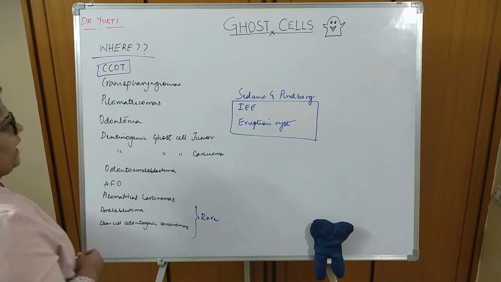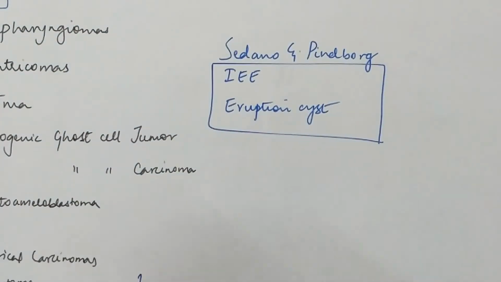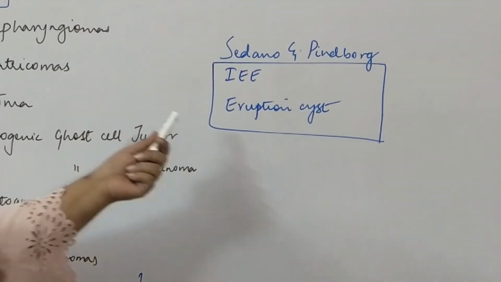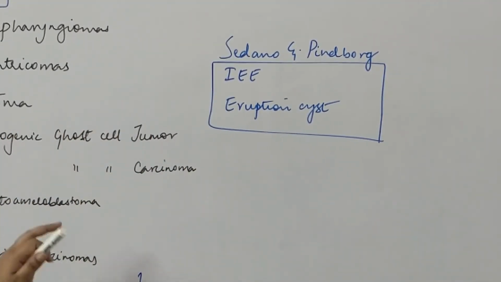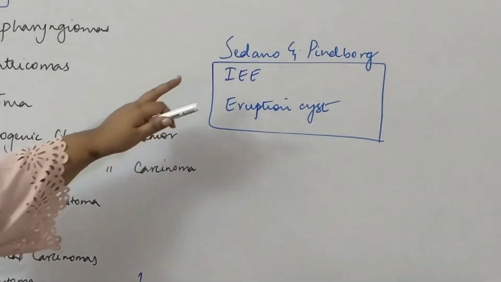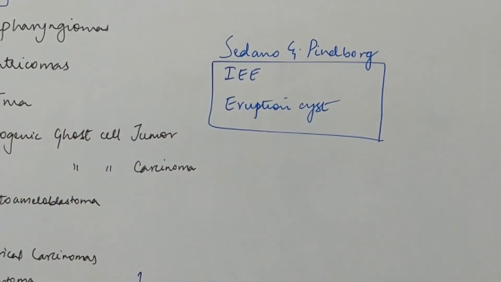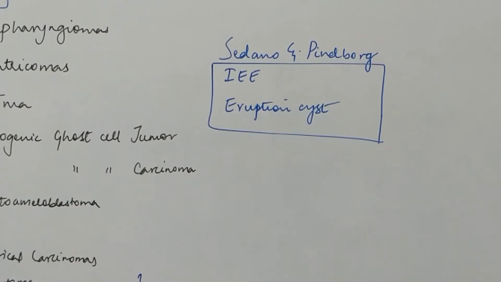Also, here I have put two separate entities in the box because these are not neoplasms or cysts or any other pathology like the ones written on your left. These are normal structures which are seen in humans during development.